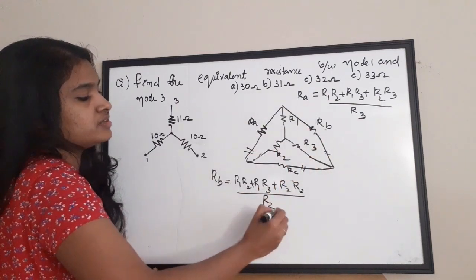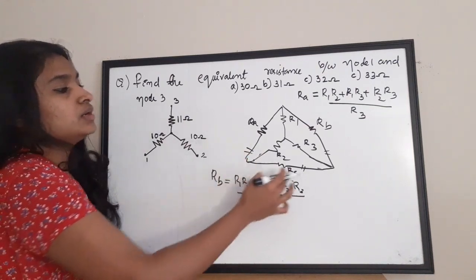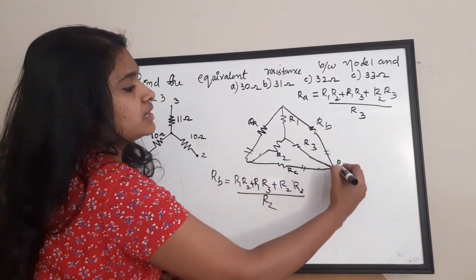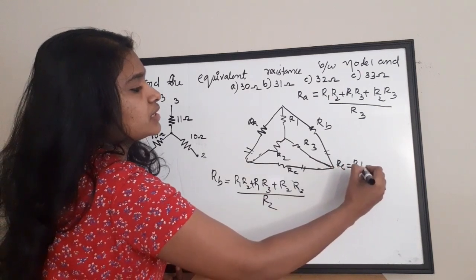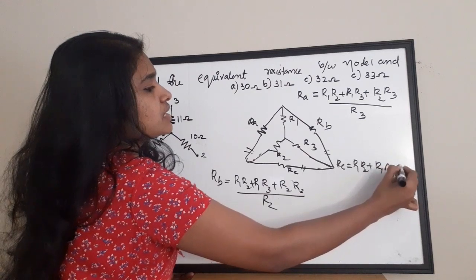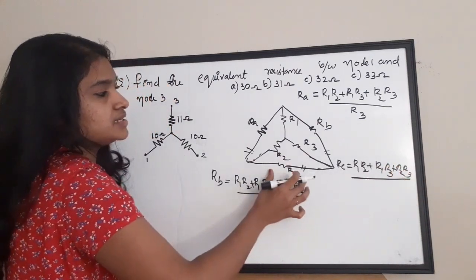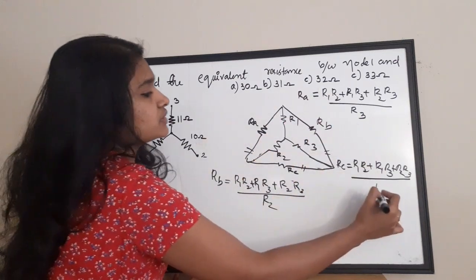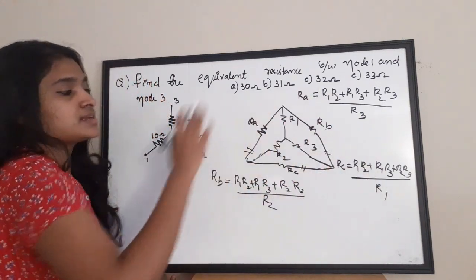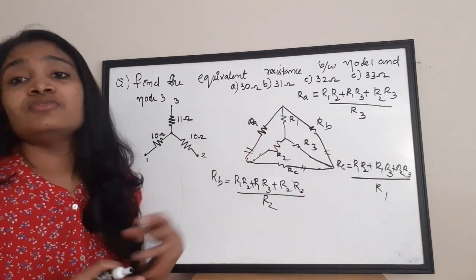So this is the value of your RB of your delta connection. Now the value of RC is RC equal to R1 R2 plus R1 R3 plus R2 R3 by, this is RC and the opposite resistance is R1. Okay, so this is how the value of the RA, RB and RC will vary.